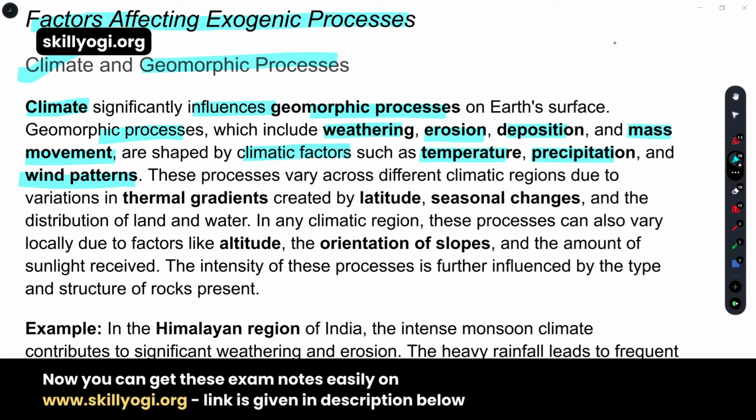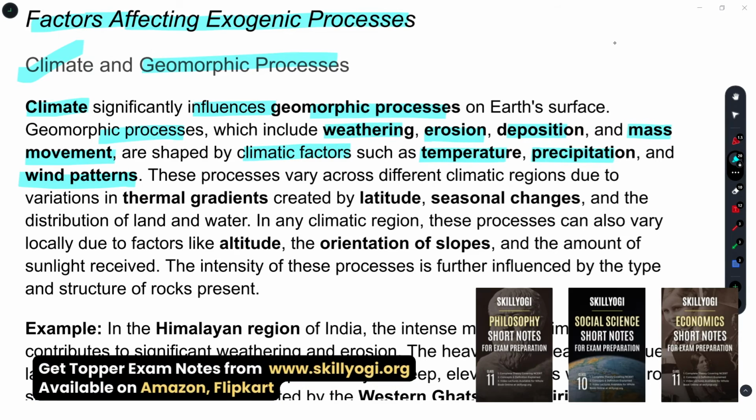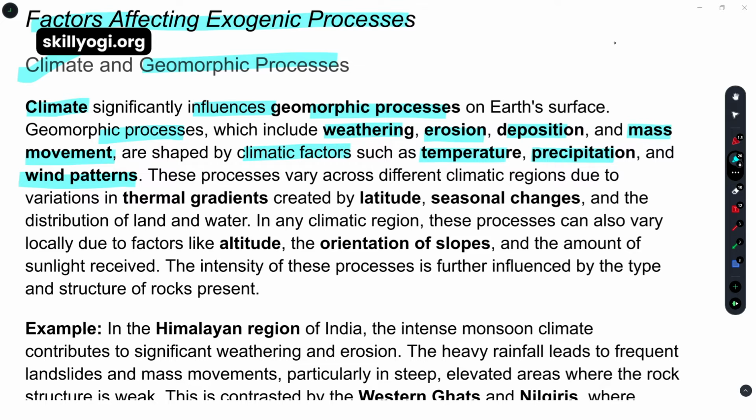If you were asking me, ma'am, how is it happening, the line is written over there that the weathering, erosion, deposition and mass movement are shaped by the climatic factors such as temperature, precipitation, wind patterns. But how is it happening? If I give one example, a rock is standing over there on the earth surface, and due to the weathering, how is it going to be changed?